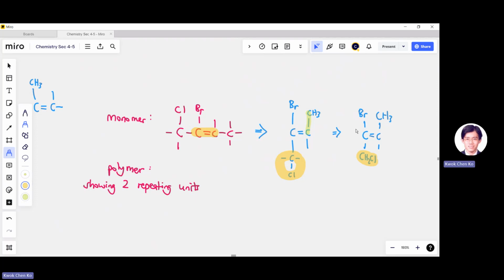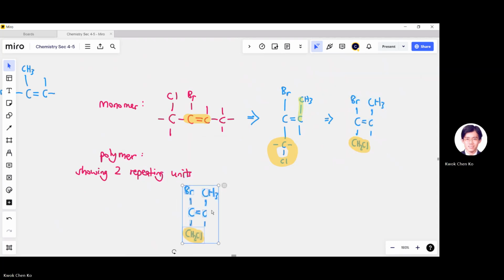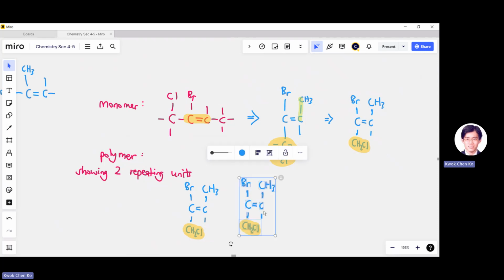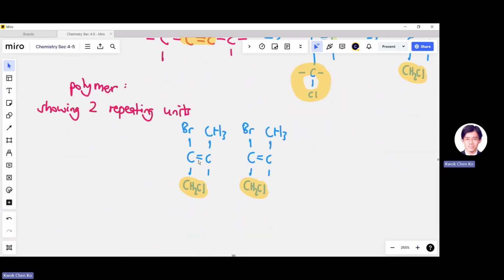Now, once you have this, you're almost done already. It's now very simple. I just get this whole chunk, put here. Remember, 2 repeating units. I have a second chunk, put here. The double bond, connect here. This one connect there. But do not forget the left-hand side.